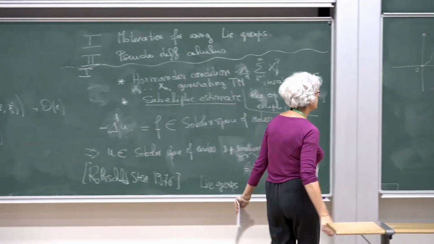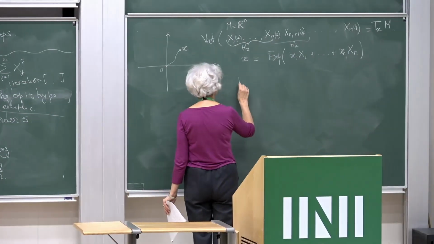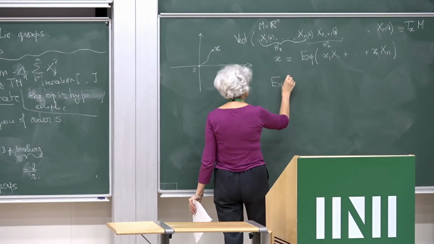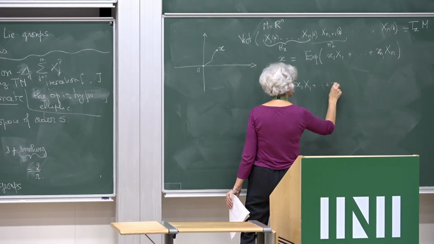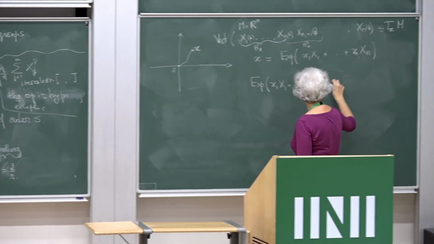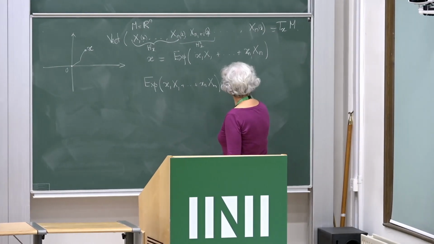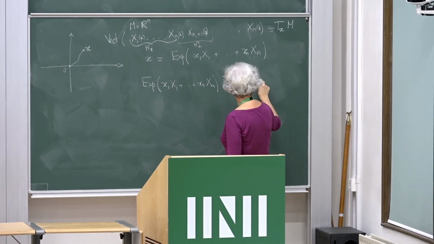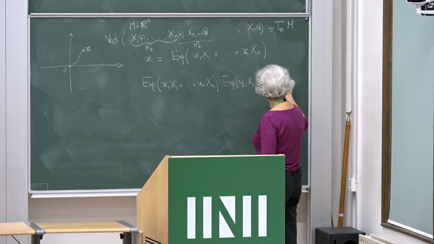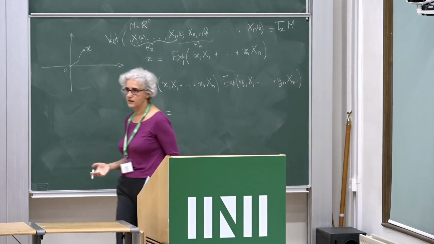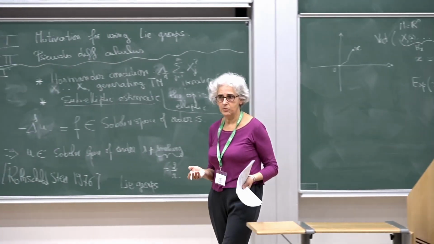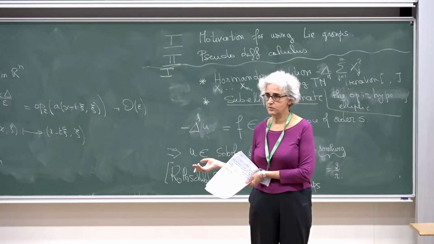My difficulty will come from the fact that if I compute the exponential of these things times the exponential of y1, ..., yn, I will not find the exponential of x1 plus y1, x2 plus y2, ..., xn plus yn.